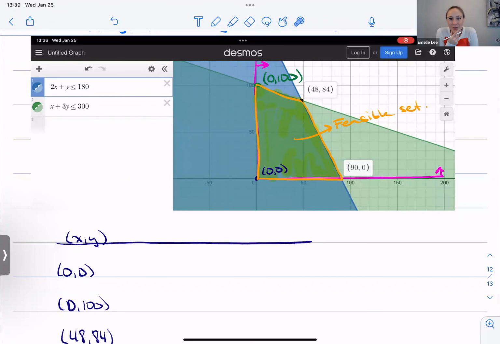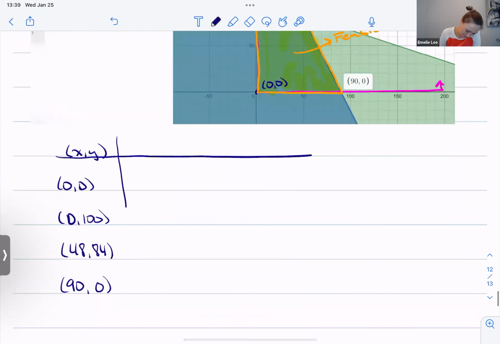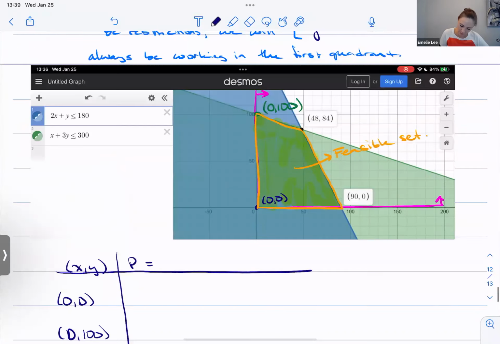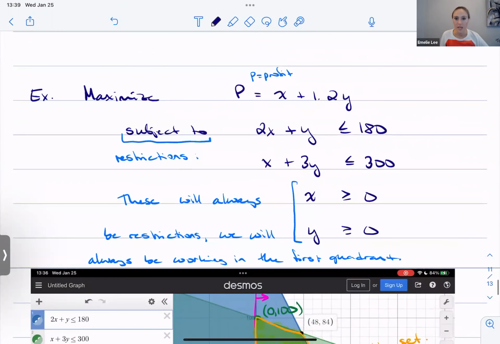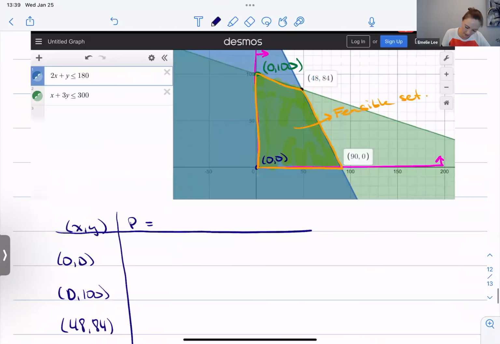If we were not using Desmos, how would you find this point of intersection? That's a system of equations, right? We don't have to, but might be fun for practice. Okay. This is the first time our profit function makes an appearance, right? P is equal to, we don't even remember what it is, x plus 1.2y.